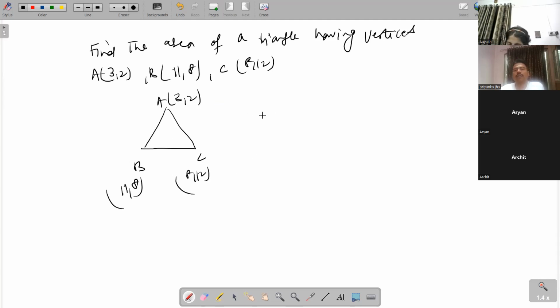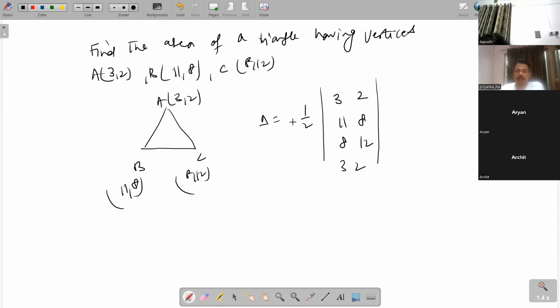Now, how will you find the area? See, just try this stair method. I always use this thing. Half, and then two big lines. I start with 3, 2, then 11, 8. There is no order, you can put 8, 12 in any order. 8, 12, and then again close this with the same point, and then apply mod.